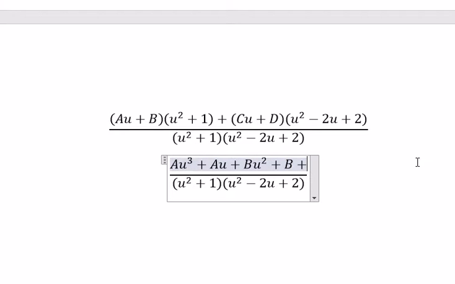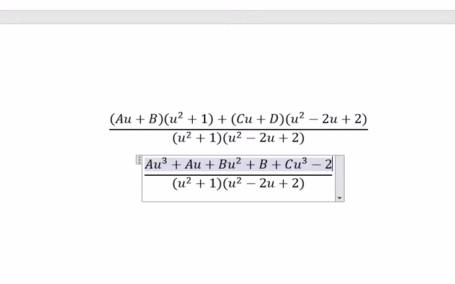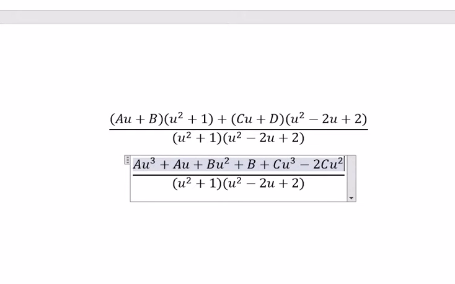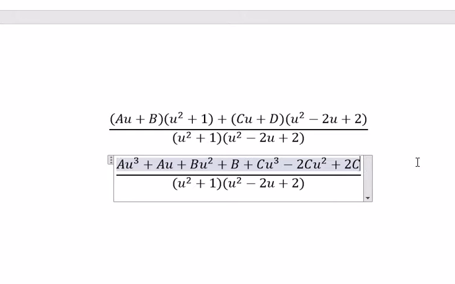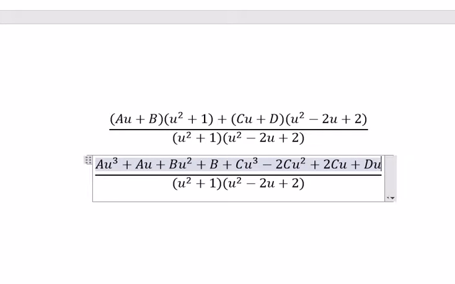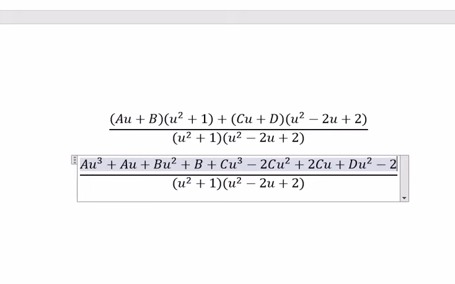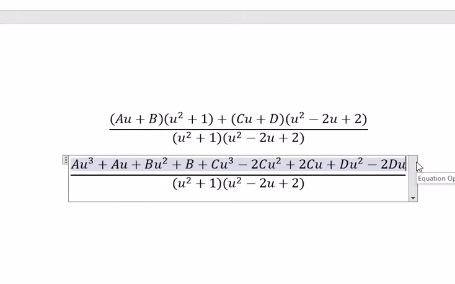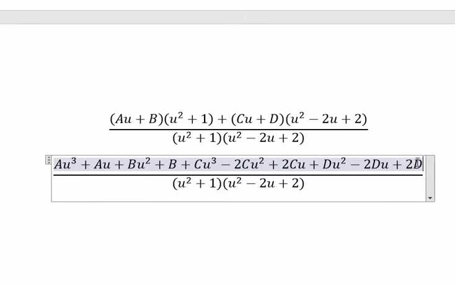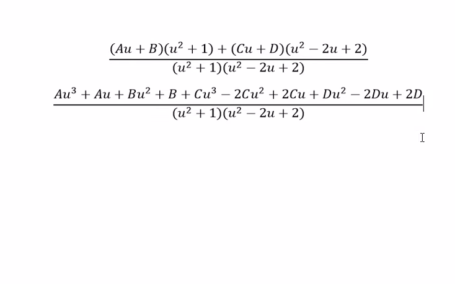About this one, you get cu to the power of 3 minus 2cu squared plus 2cu plus du squared minus 2du plus 2d. And now we need to arrange based on the power of u in here.